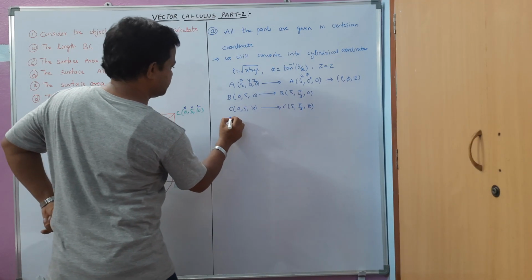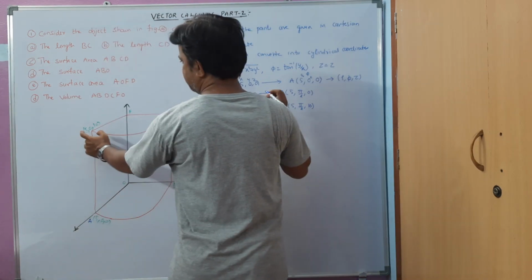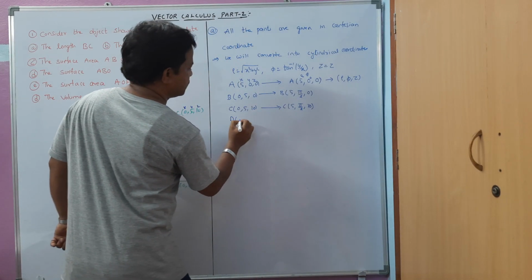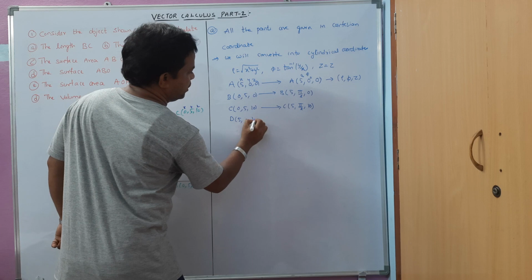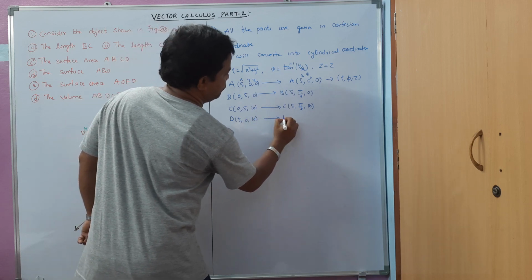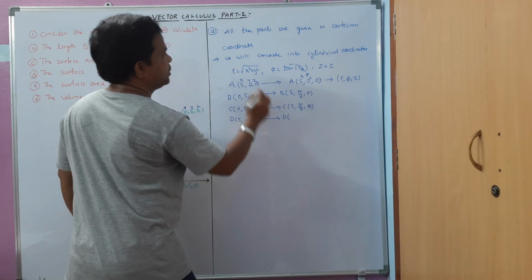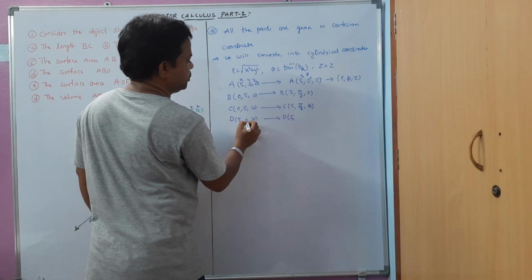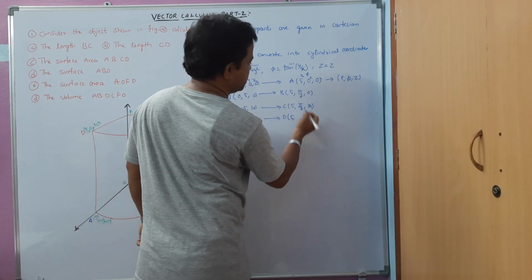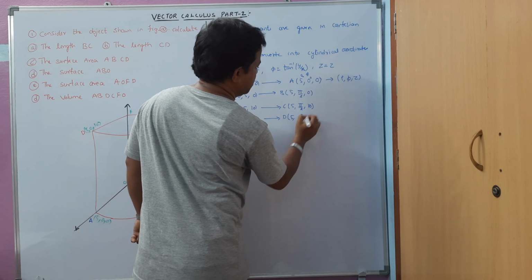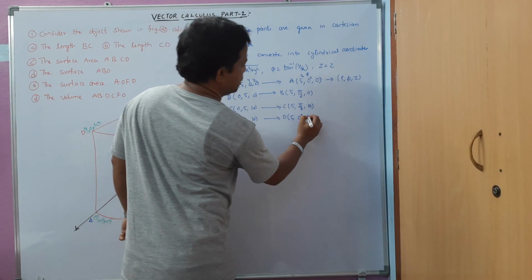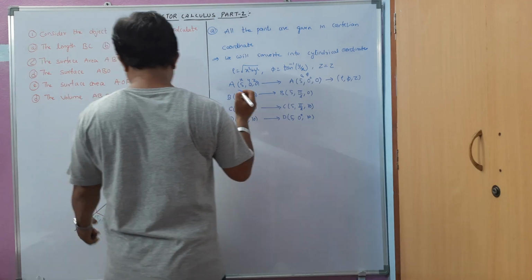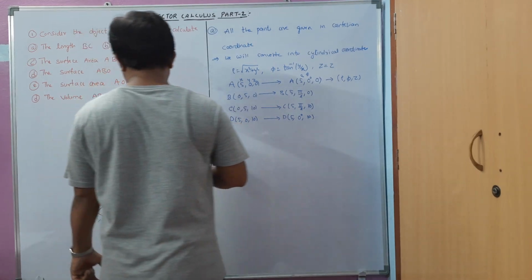Next D, the D point is 5, 0, 10. The value of rho will be the same, that is 5 only, and here y is 0 and x is 5. 0 by 5 is 0 only, tan inverse of 0 is 0 degrees, and 10 won't change here. So we have got all the points A, B, C, D.